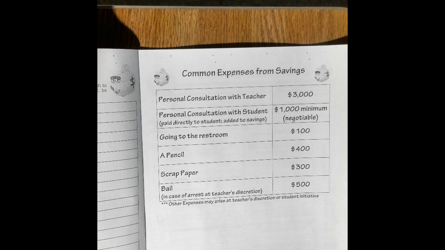If you need to go use the restroom, that's going to cost you $100. If you need to borrow a pencil or some writing utensil, it's $400. Scrap paper will be $300. And bail, which can happen if the teacher arrests you. The main example I can think of right now is tab. That will cost you $500 to get out. So all of these things that may happen, we may also make things up as we go, but those things may affect your savings account, which is why you have 2 pages.